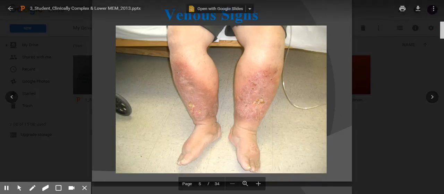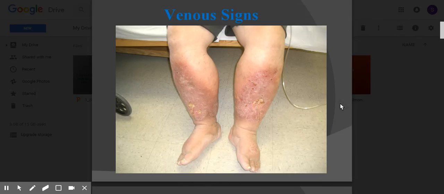So this would be a hallmark example of a venous insufficiency patient who, again, you can see that dusky, dull hue to the tissues. You see that the wounds have developed almost exclusively in the leg area between the malleolus and the knee, and some of these have healed over, but you can see the scarring from previous wounds.